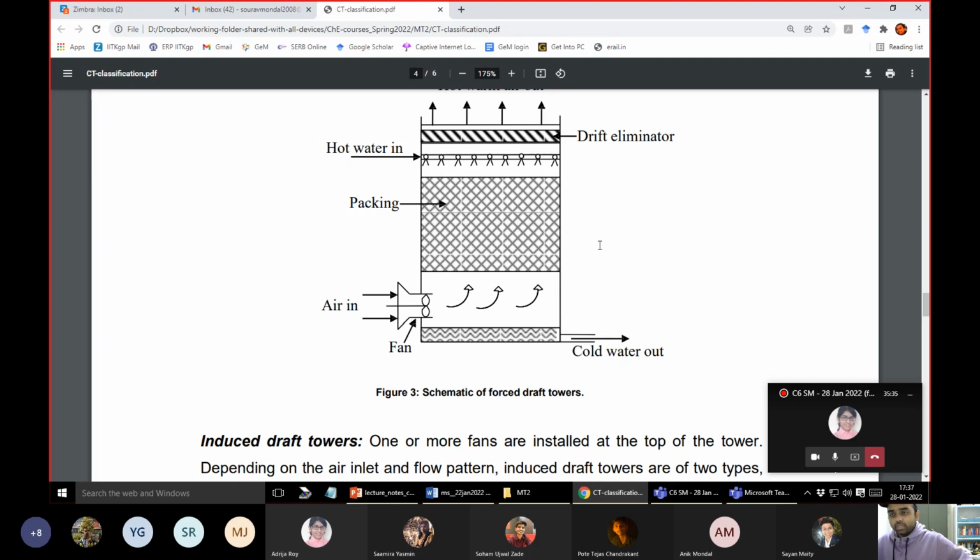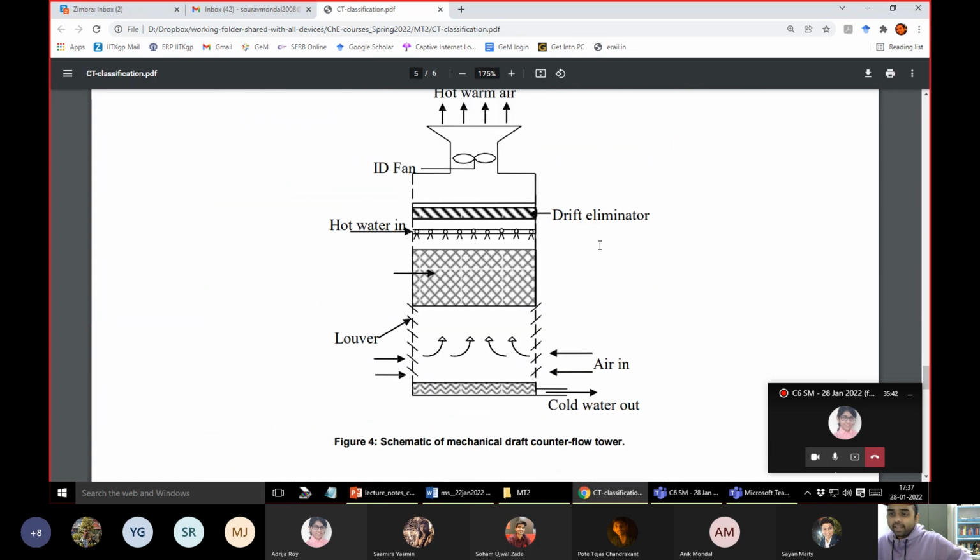And there is another type known as the induced draft, where you place the fan at the exit of the unit where the air leaves the system. What happens is that the suction force will come all the way towards the entrance.